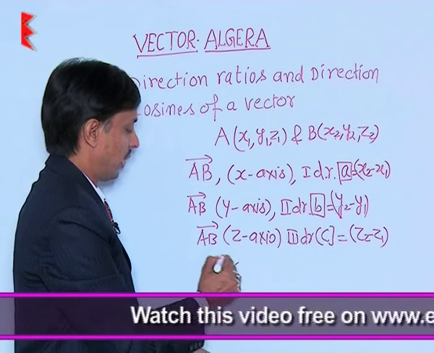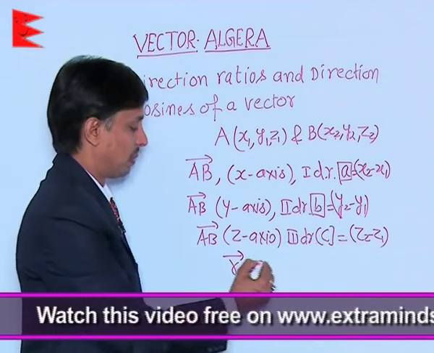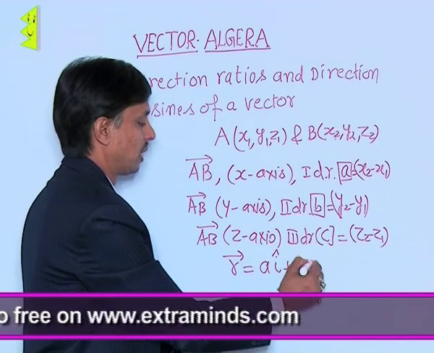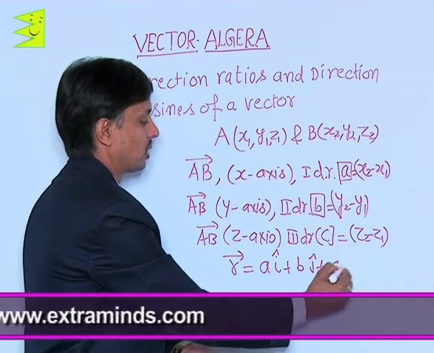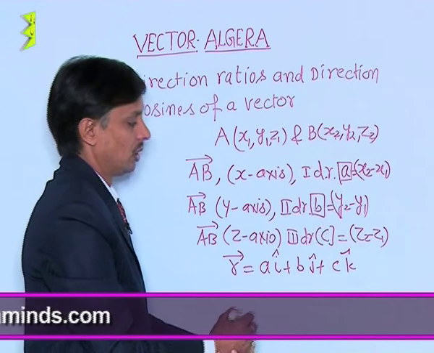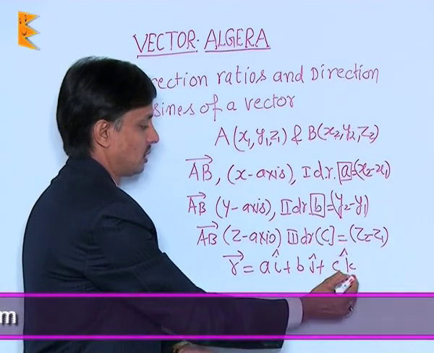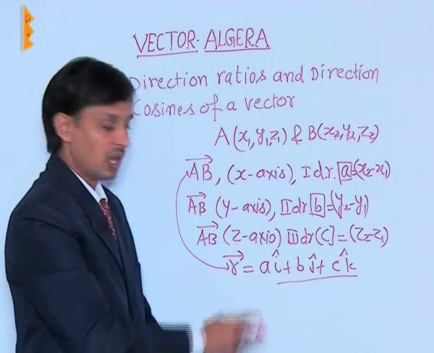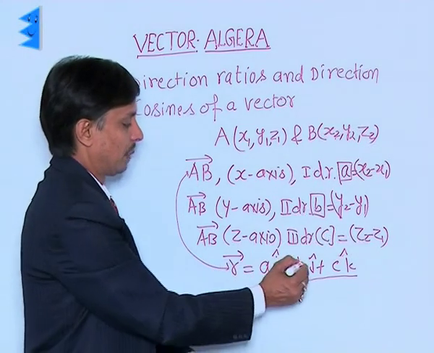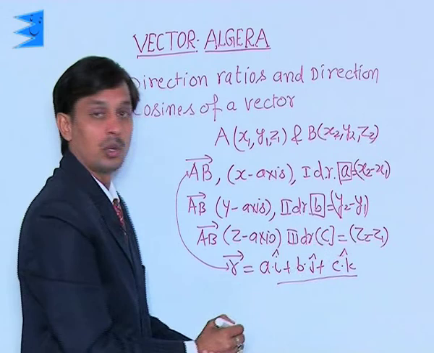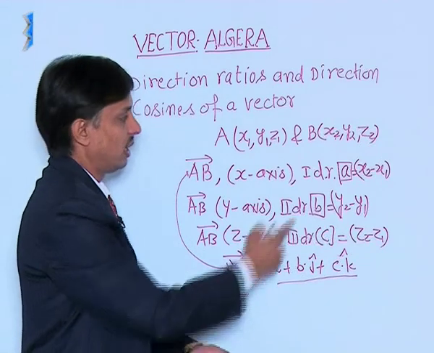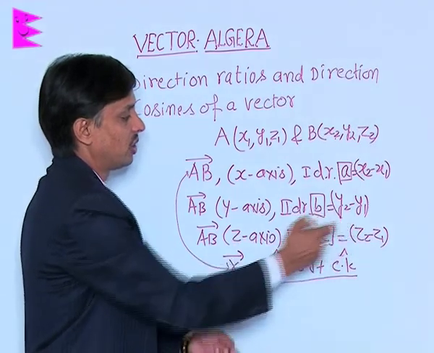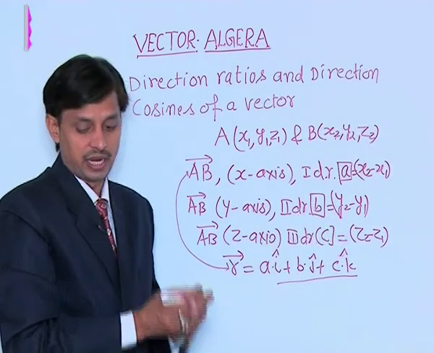Then the vector R, or vector AB, is equal to A times i cap plus B times j cap plus C times k cap, where A is x2 minus x1, B is y2 minus y1 and C is z2 minus z1.